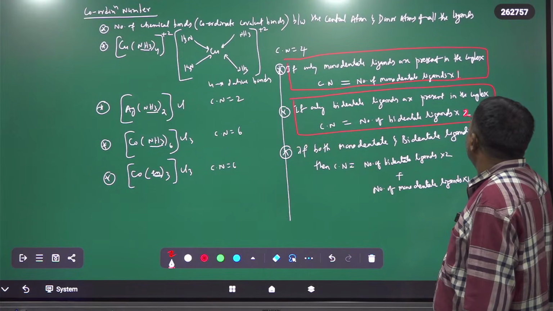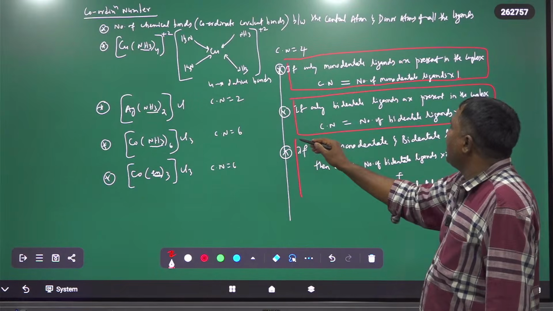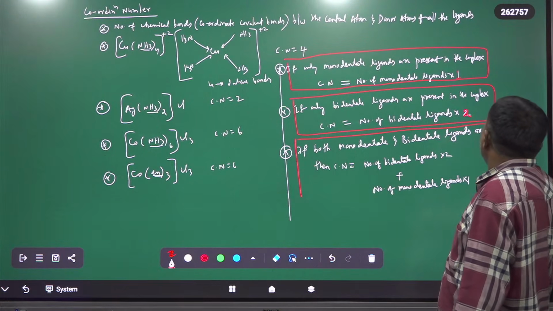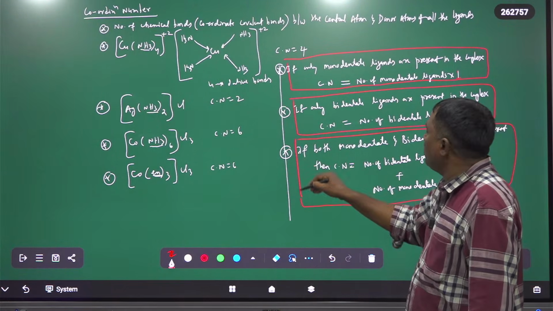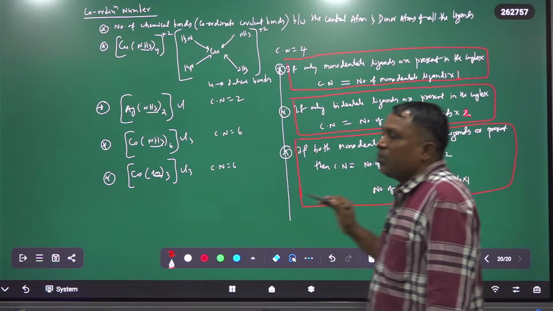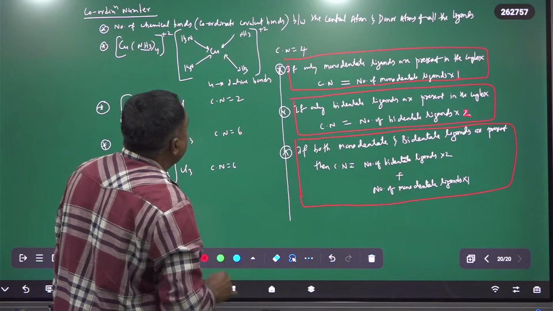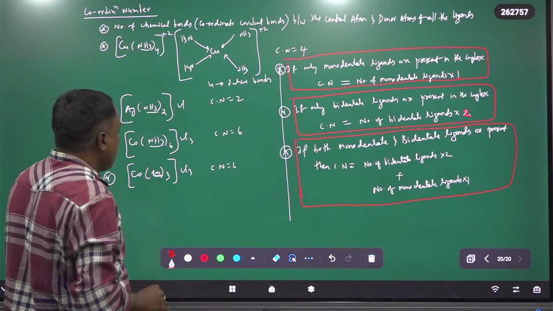If both monodentate and bidentate ligands are given in the complex compound, then coordination number is equal to number of bidentate ligands into 2 plus number of monodentate ligands into 1. So this is the way to calculate the coordination number.